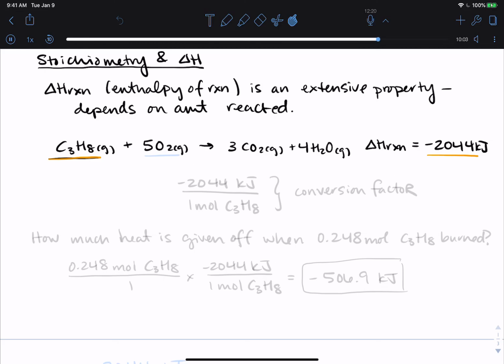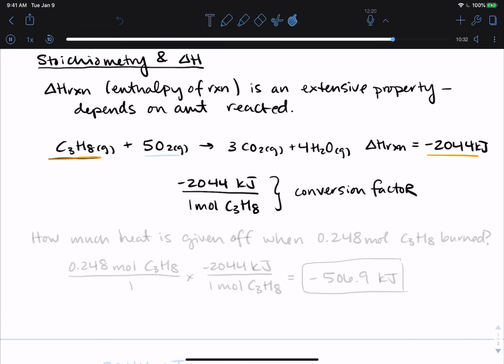So this tells you a couple of things. One, you could write this as negative 2,044 kilojoules per 1 mole of C3H8. In this form, it looks an awful lot like a conversion factor, and you can use it that way.